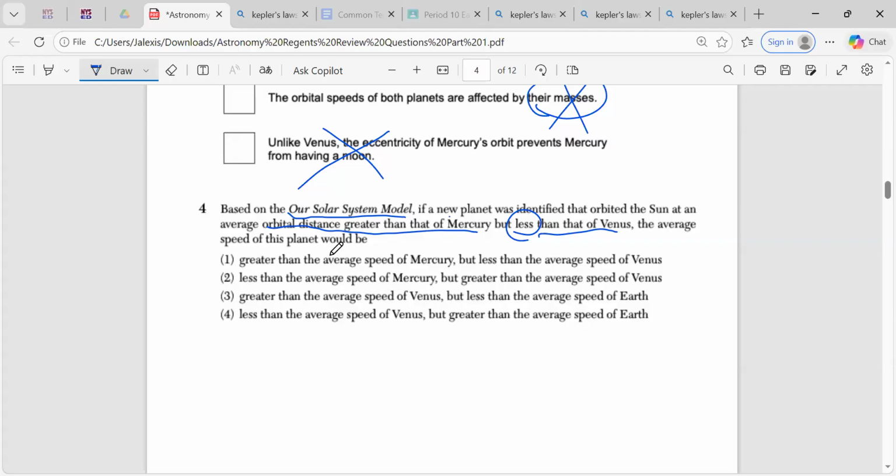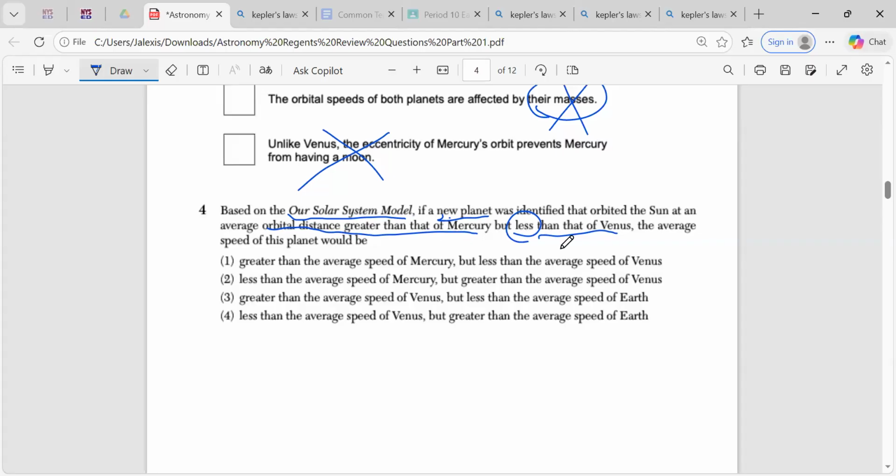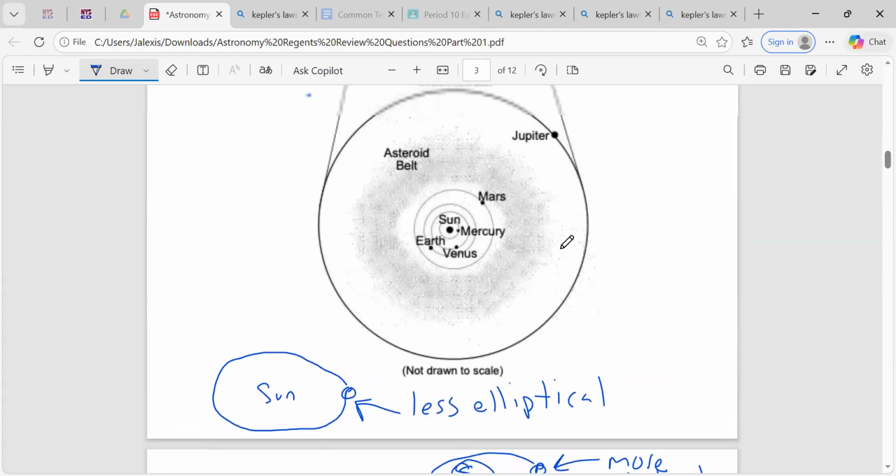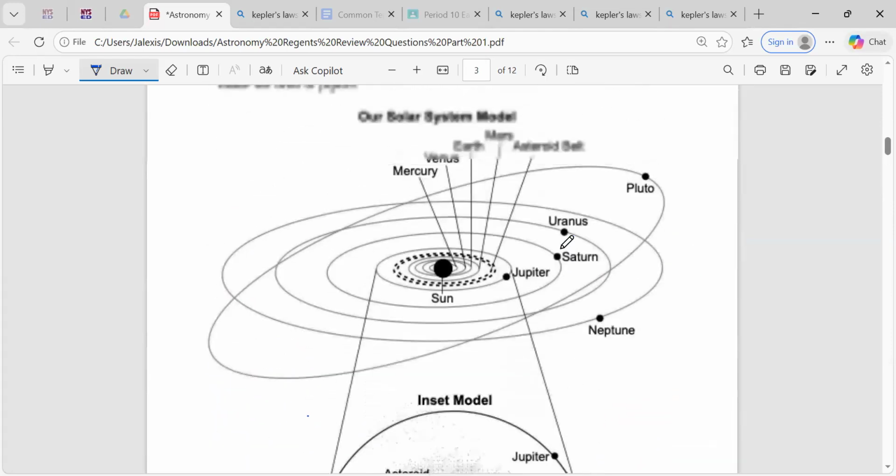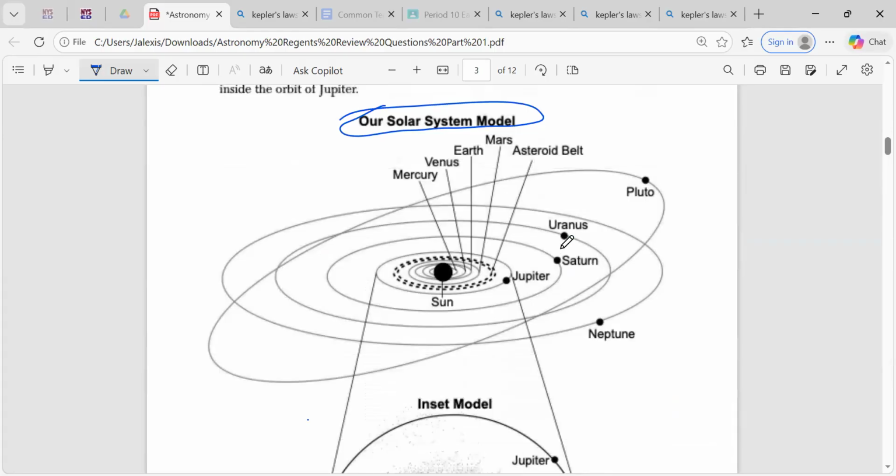All right, so let's break it down. If a new planet was identified that orbited the sun at an average orbital distance greater than that of Mercury, but less than that of Venus. So if we found, let's say for example, a new planet that has a greater orbital distance than Mercury, but a smaller orbital distance than Venus, I'm going to write NP for new planet.